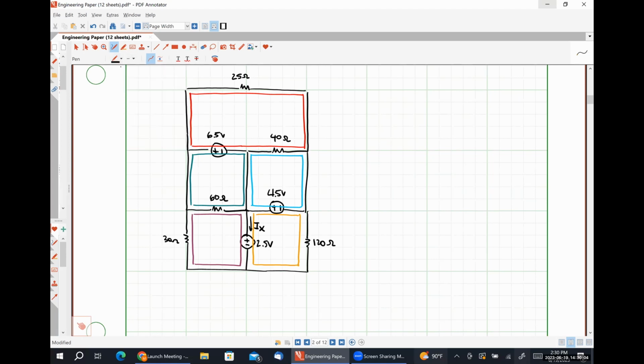Now I'm going to label my currents. So this is I1, I2, I3, I4, and I5.